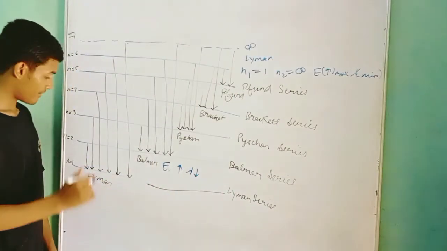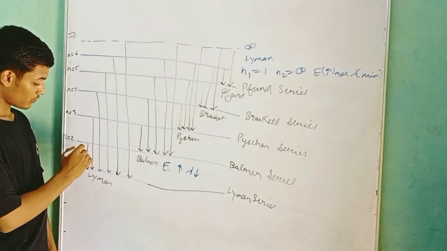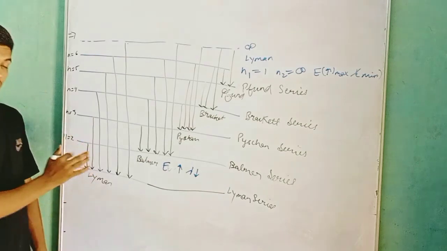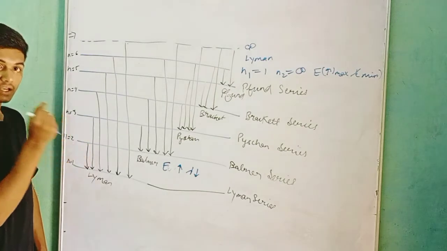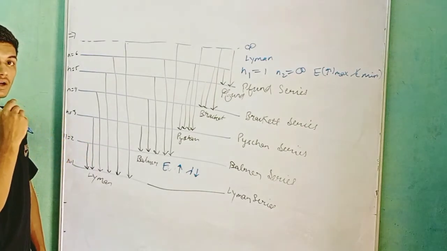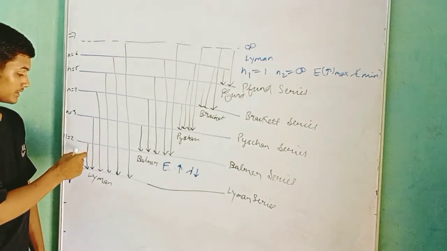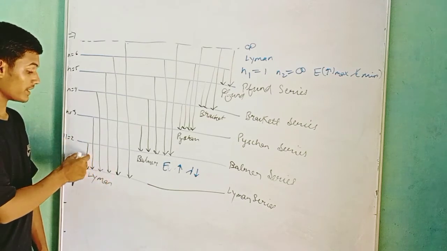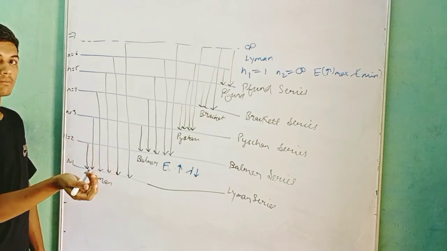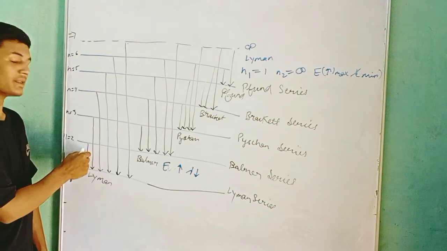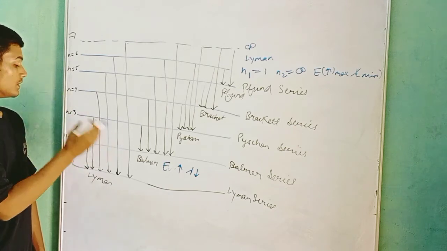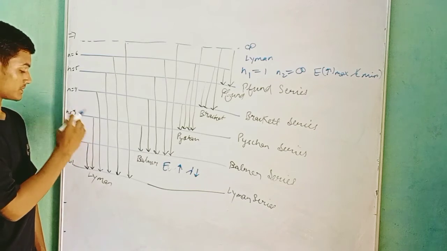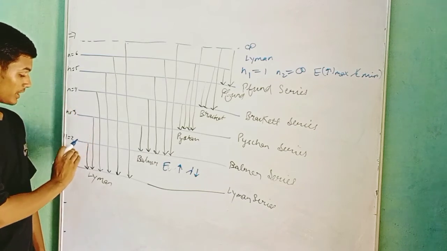In the second case, when electrons come from the n2 orbit to the n1 orbit, both are lower orbits, so the emitted energy is very less, very minimum, because there is no lower energy orbit compared to n1 or n2.